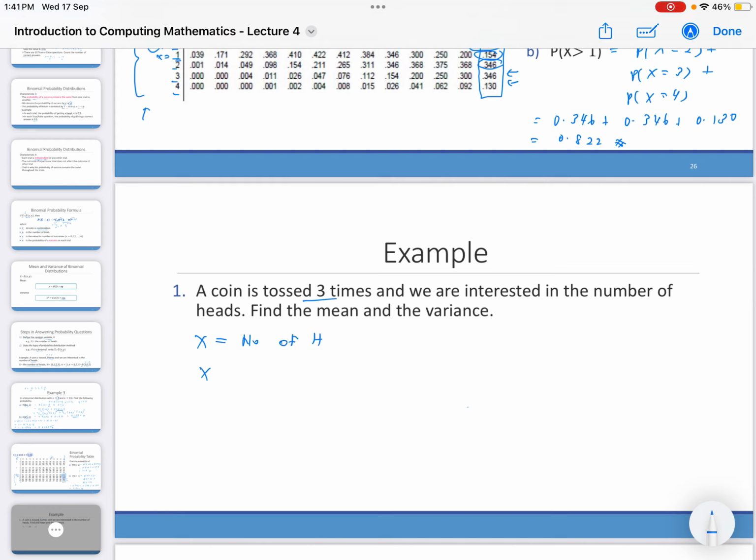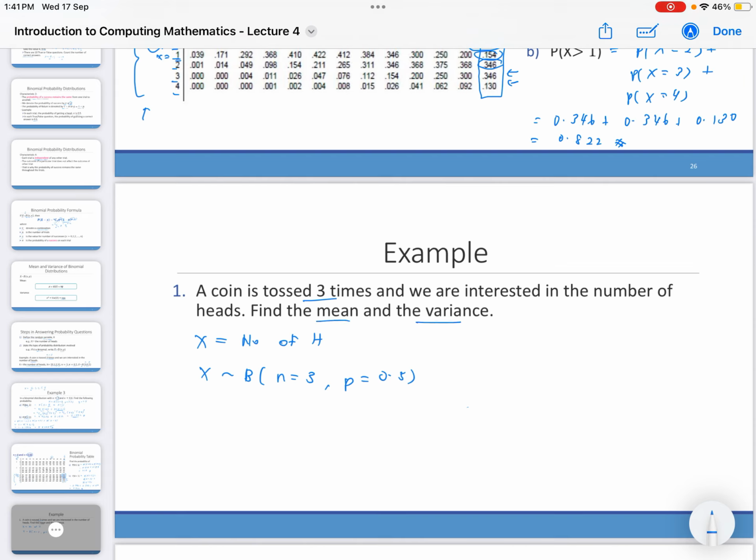And then we know x is a binomial distribution because the success is like when we get heads, and a failure when we get tail. So we have success and failure event. So this one is actually binomial with n equals to 3 because we toss 3 times, and then the p equals to 0.5.